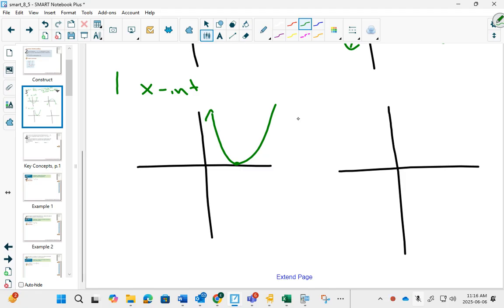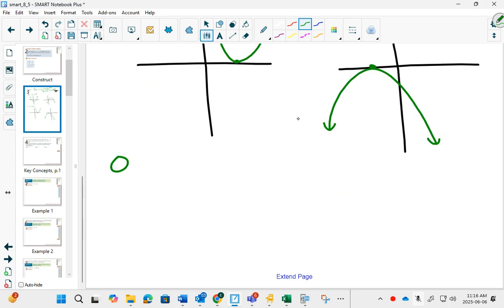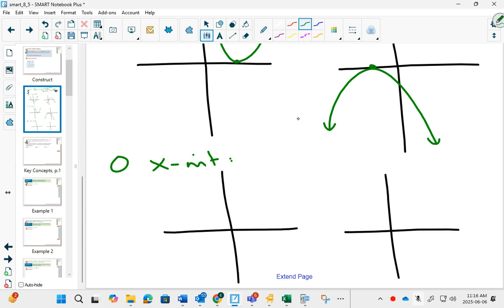Could you also do that if it was opening down? Sure. Only 1 x-intercept. And is it possible to draw parabolas with 0 x-intercepts? It is. Either up or down. If it was up, it would have to be above, then it would have no x-intercept. Or if it was going down, it'd have to be below.